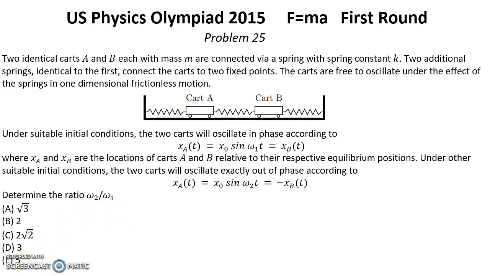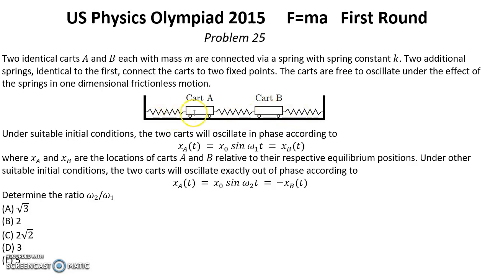Solution. When we have oscillation in phase, it means that the distance between card A and card B is constant. It means that the spring between them is not acting with a variable force, and only the left spring acts on card A and the right spring acts on card B. So it looks like they oscillate independently.